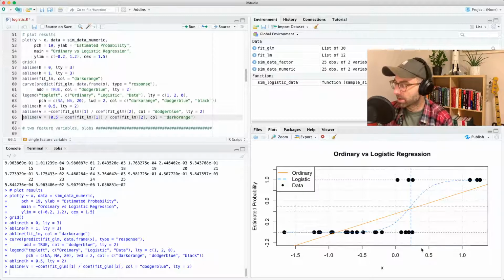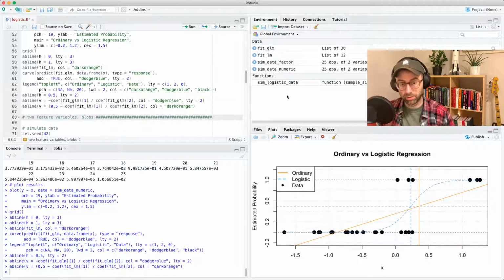So what this means is that any x value bigger than whatever this is, like 0.25, so anything over here, we would classify to 1. So in the training data, we would get this one incorrect, I guess. And anything over here, we would classify to 0. So we would get this one wrong and this one wrong in the training data set, because we would be classifying this as 0.